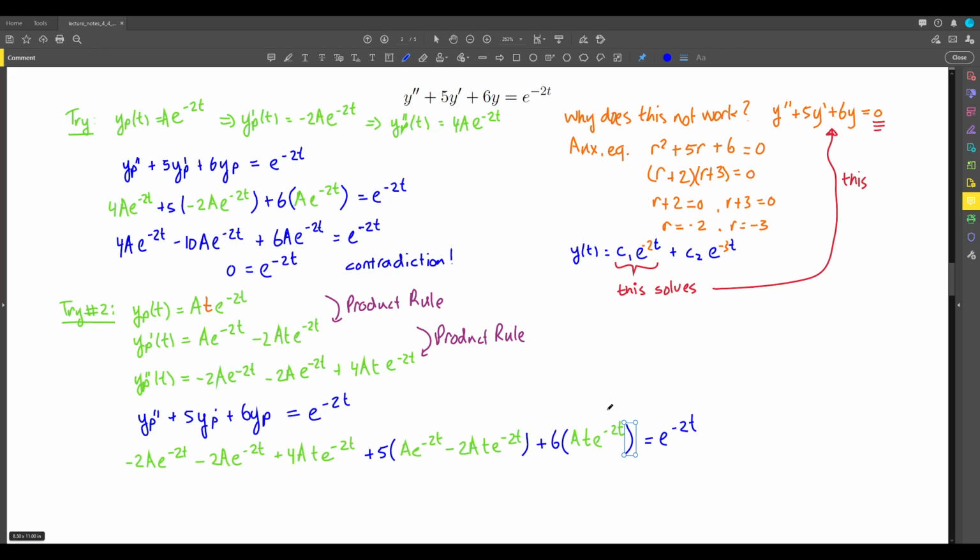Okay, so we need to combine like terms. So let's take a look at all the parts that have a t in it, the factor t. So t e to the power negative 2t.